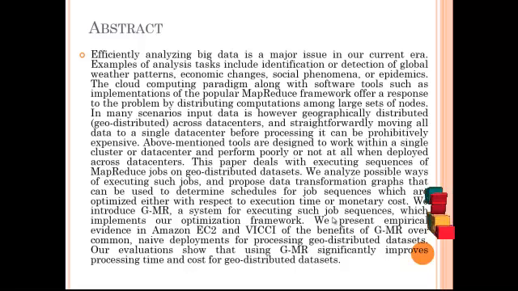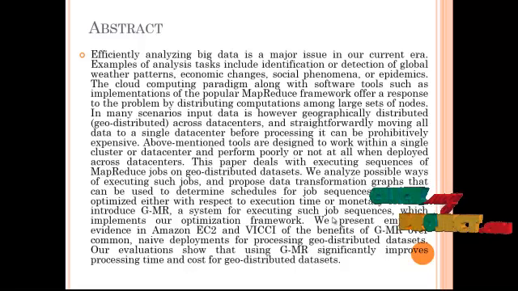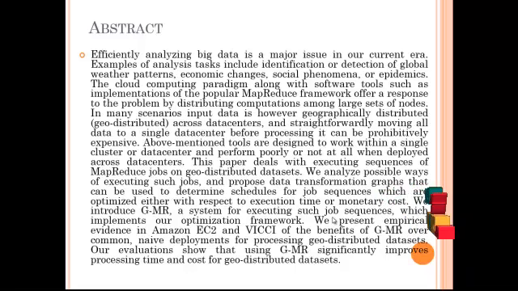We present empirical evidence in Amazon EC2 and VACCI of the benefits of GMR over common naive deployments for pre-processing geo-distributed datasets. Our evaluation showed that using GMR significantly improves processing time and cost for geo-distributed datasets.